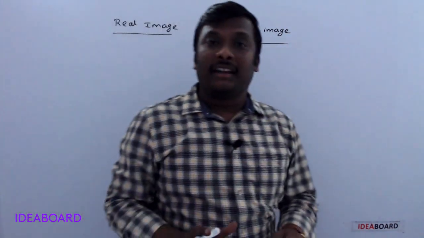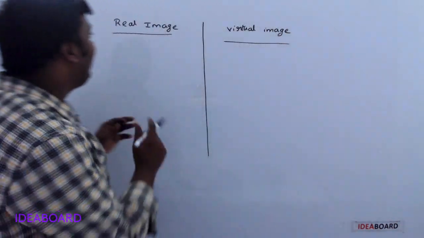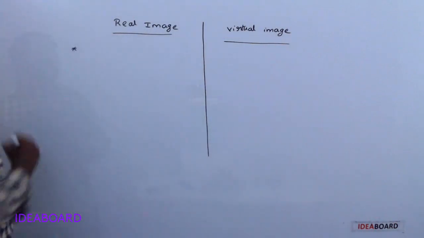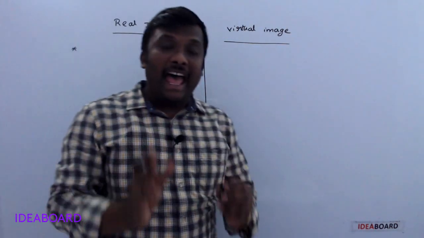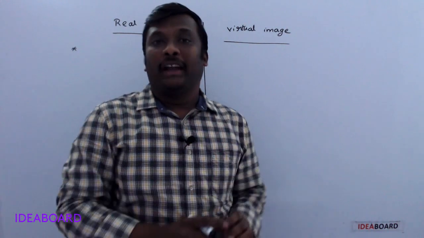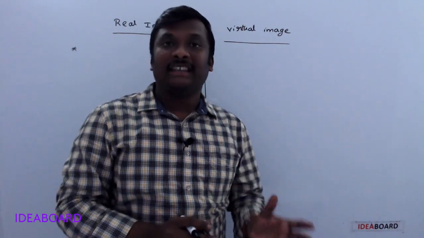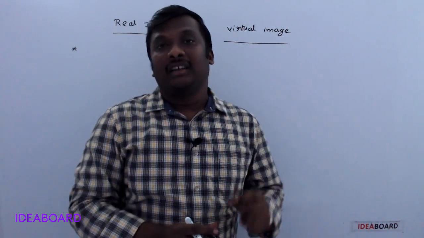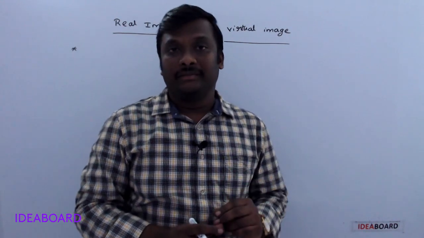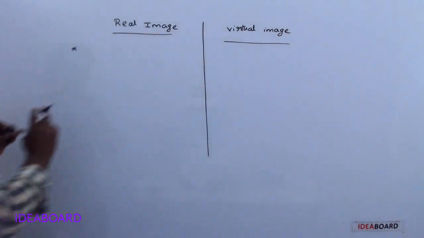One is real image, another one is virtual image. What is real image? Real image is nothing but the actual meeting point of reflected rays or the refracted rays. Okay, so what is real image?